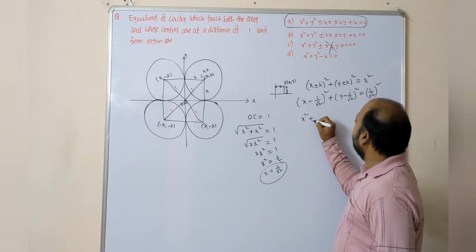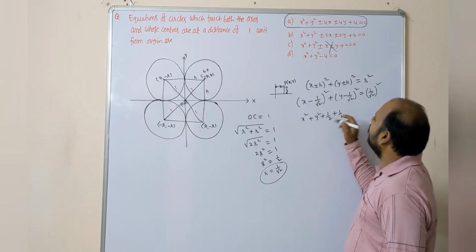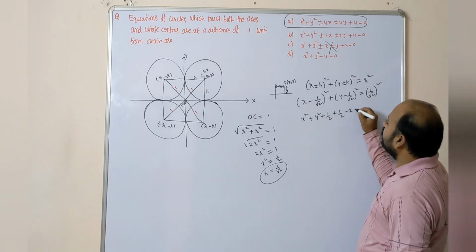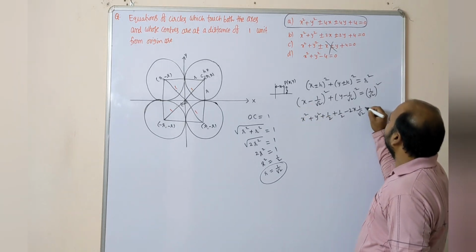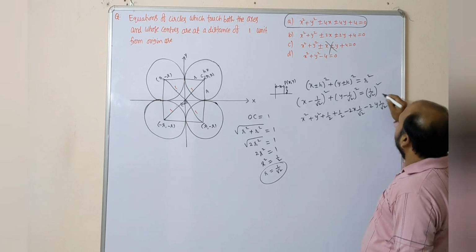So x square plus y square plus 1 by 2 plus 1 by 2, minus 2 into x into 1 by root 2, minus 2 into y into 1 by root 2, is equal to 1 by 2.